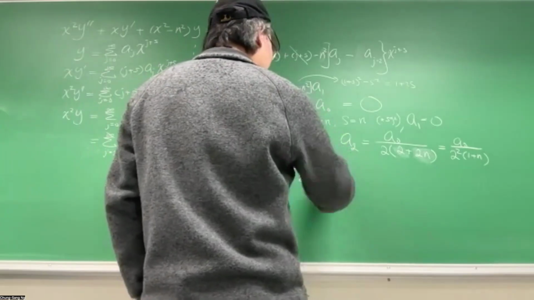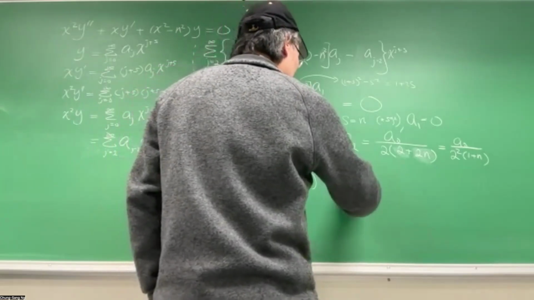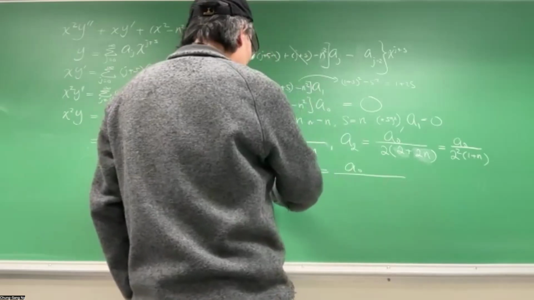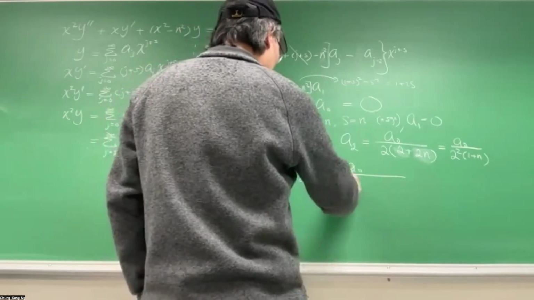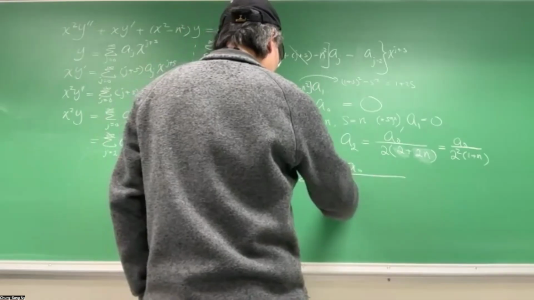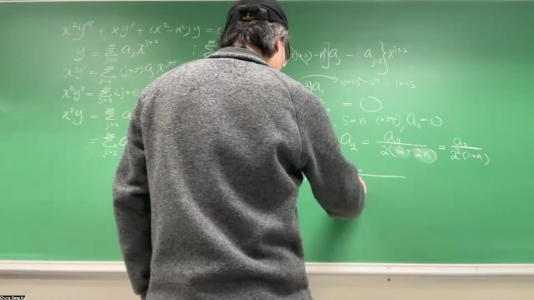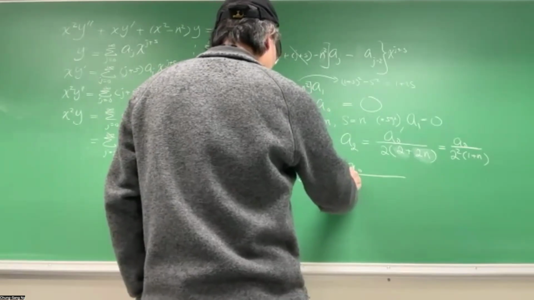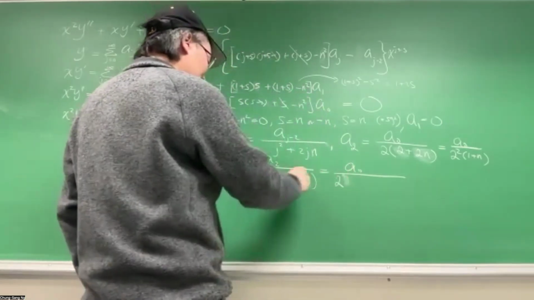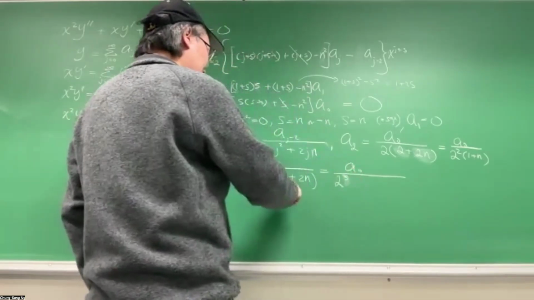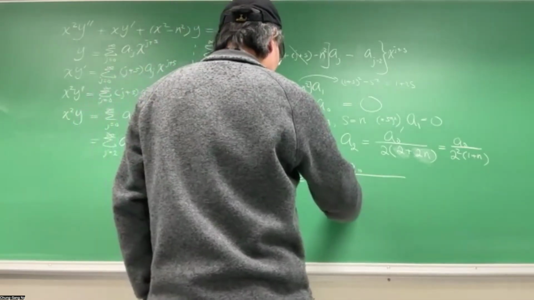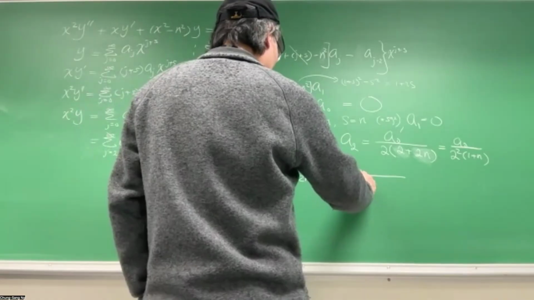So a sub 0. Originally, you have 2. You have another 2. You can multiply another 2 out, and this is 4 times 2, or 2 to the 3rd power, 8, right? And then you have 2 plus n.